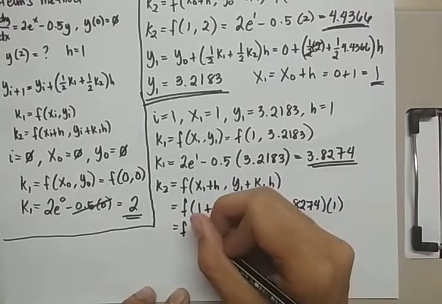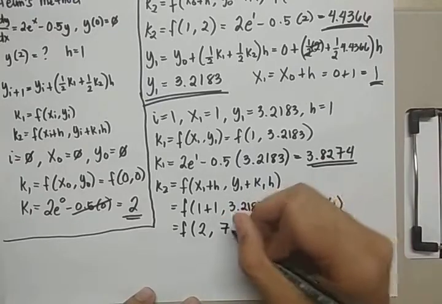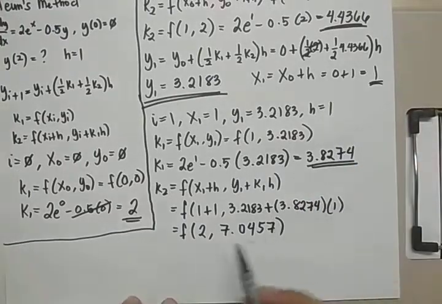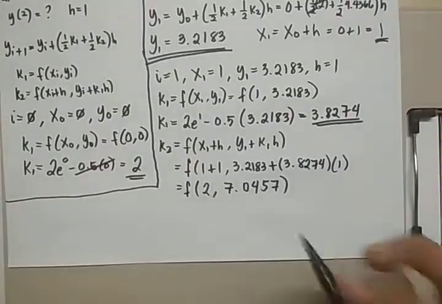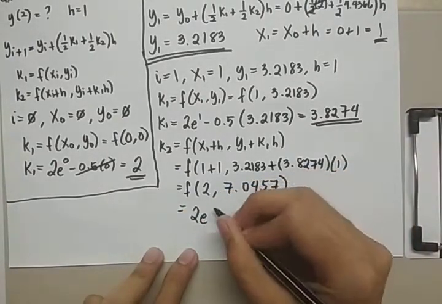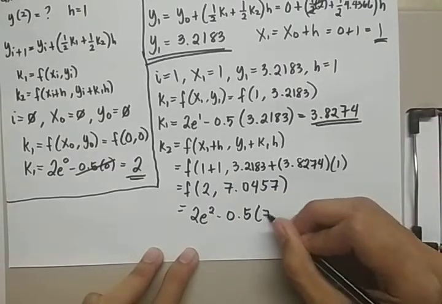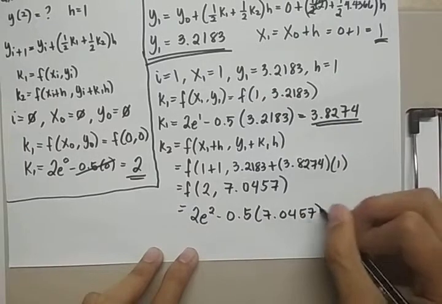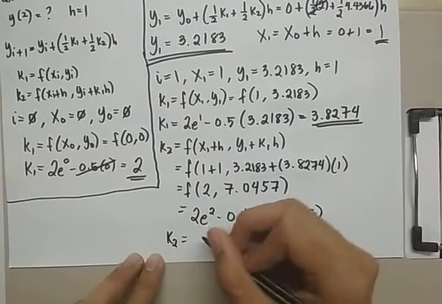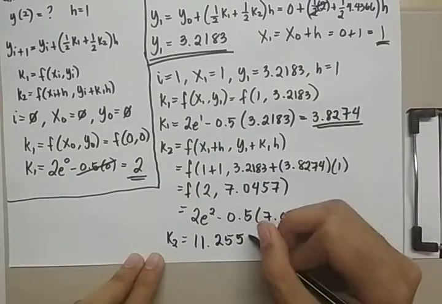By calculating this, we have the function of 2 and 7.0457. By substituting these values of x and y, we have 2e raised to 2 minus 0.5 multiplied by 7.0457. By calculating this, we get our value for k sub 2, which is 11.2553.